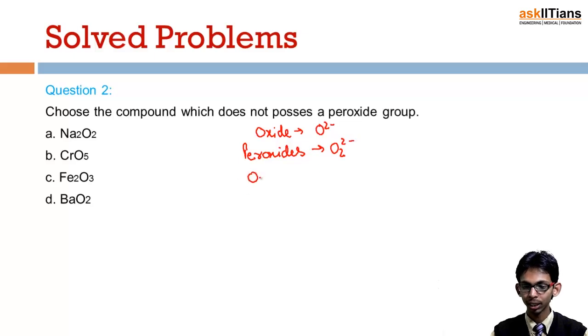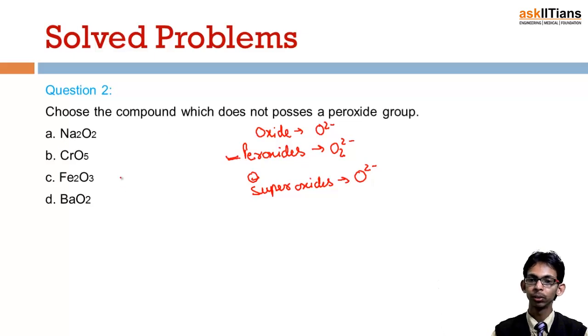And next one are superoxides, and these superoxides contain O2 negative ions. So we have to find out which one of these four does not contain a peroxide ion and which is not a peroxide.